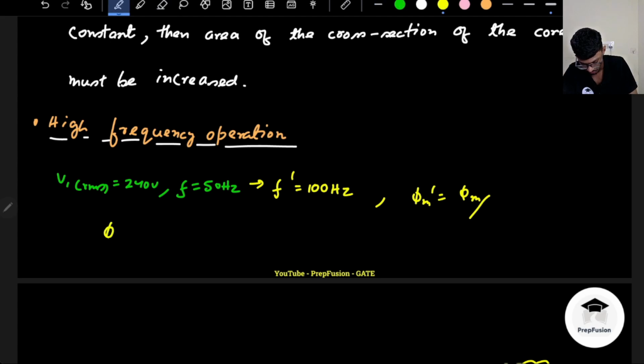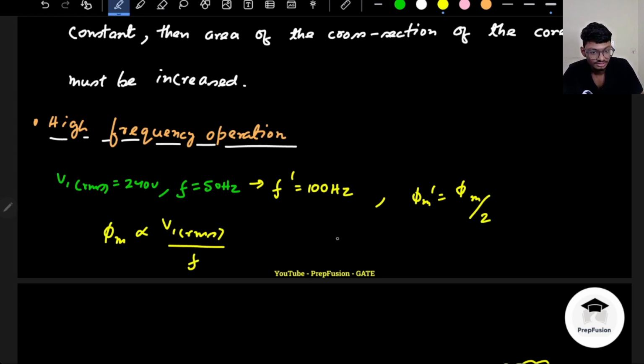My phi m is inversely proportional to Vm or V1 RMS upon F, right? So phi m dash will become phi m divided by 2. Flux will get halved, okay.